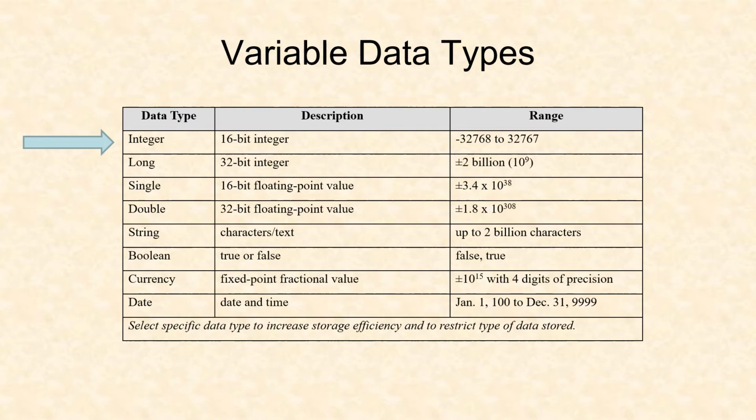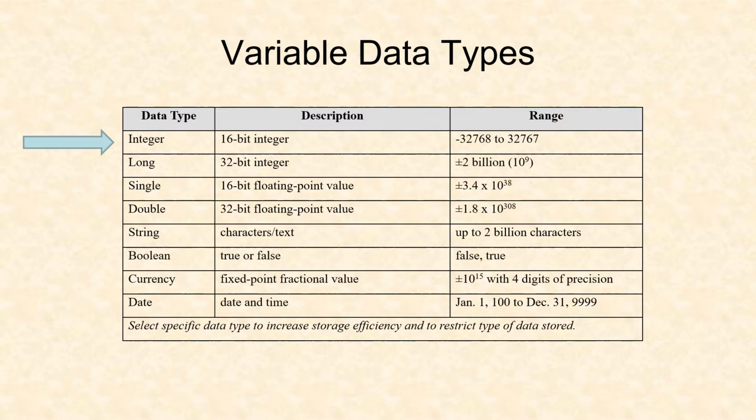There are three main variable types in VBA. A number is normally an integer. So when we say an integer, notice the range of numbers. We're talking about minus 32,768 up to 32,767.